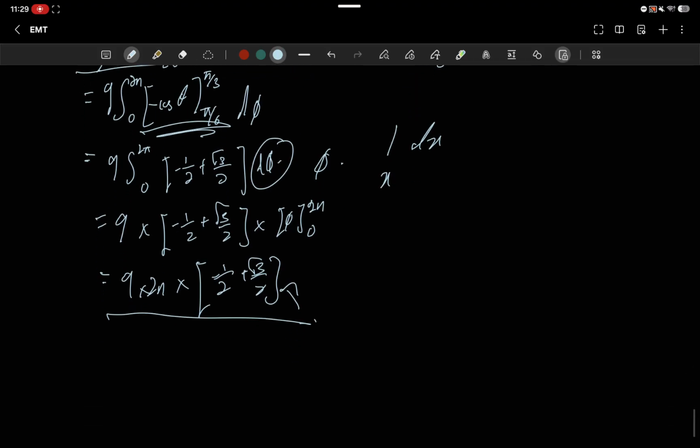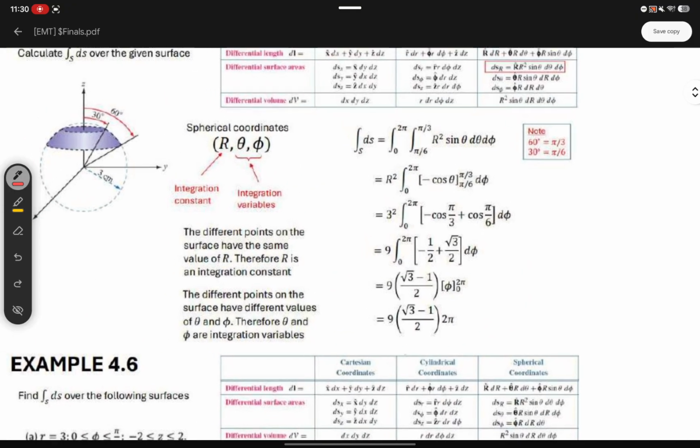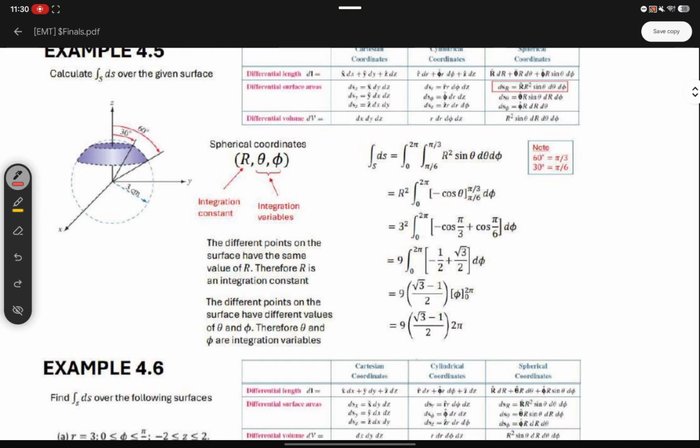Now there is something I need to show. This is what we were talking about just now. It's 30, then 60, so x is always 360, which is equivalent to 2 pi, which is also theta. Now for this one, you know that it is 60 to 30.